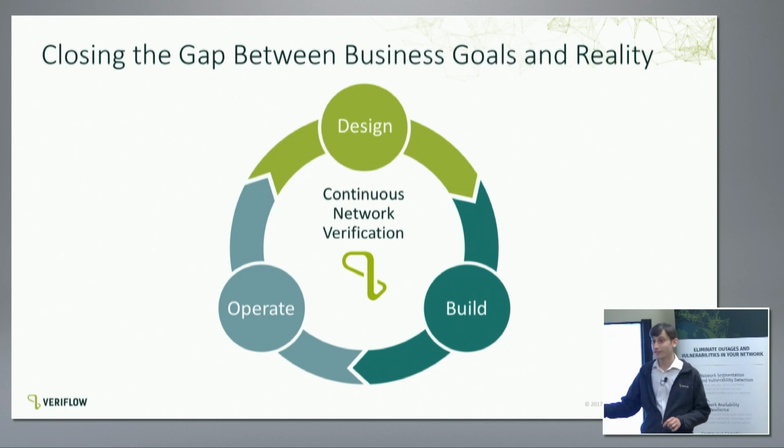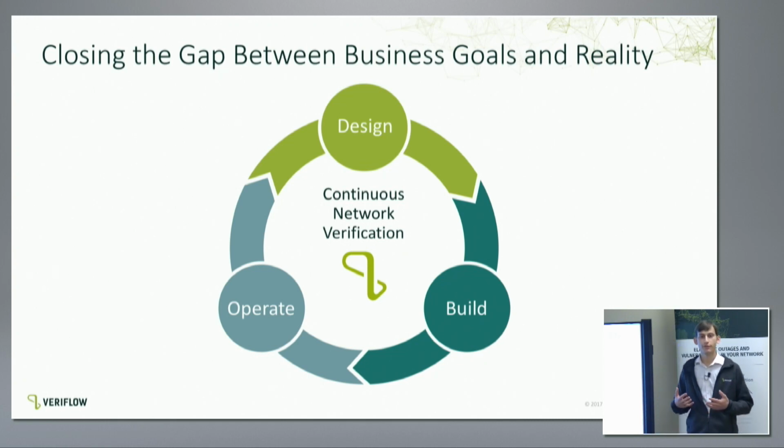When we do trials with customers, we ask them, give us the real messy network, the multi-vendor, brownfield, multi-protocol network that you have, and you can apply this very new technology to that to start moving to a more automated, more intent-based view of the world.